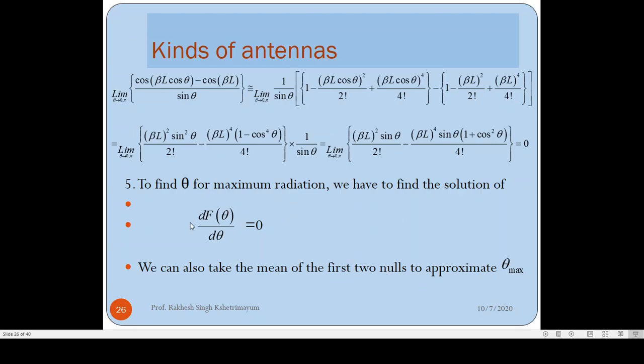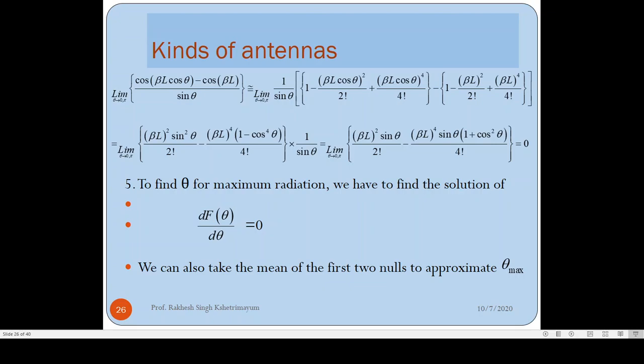So basically finding this theta max direction may be difficult because sometimes the expression for f theta is very complicated. If it is very complicated, differentiating it with respect to theta and equating to 0 may be very difficult. So what you do instead is you can just find out the first two nulls and assume that the center of the first two nulls is usually theta max.